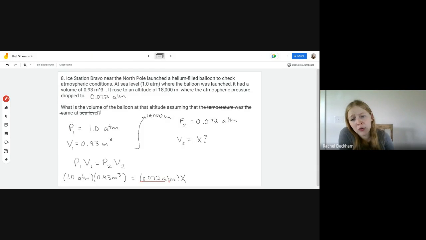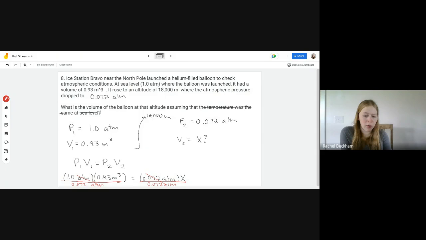Right now it's being multiplied by 0.072. So to undo a multiplication, I can divide by that so that it cancels out. And what I do to that side, I have to do to this side, 0.072 ATM. If you notice, my ATMs are going to cancel out because it's atmospheres divided by atmospheres. And now in my calculator, I just need to calculate my answer.